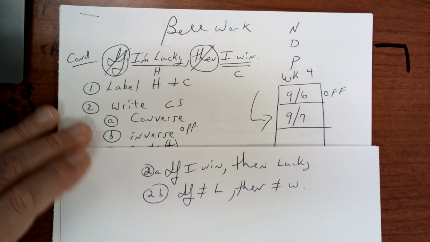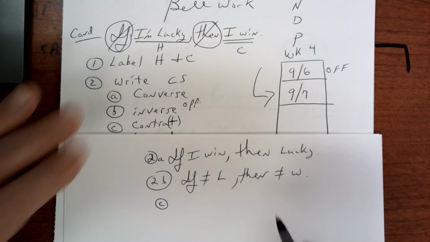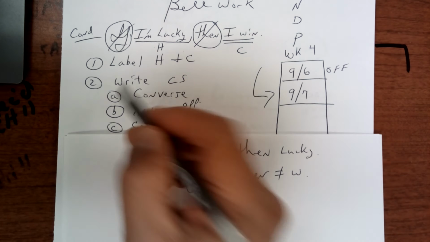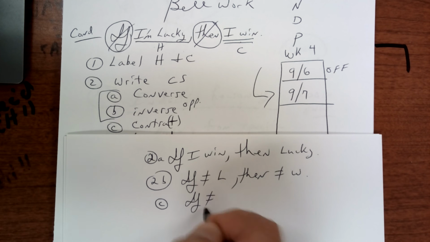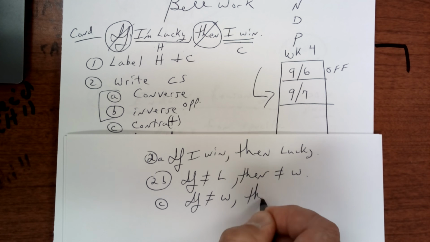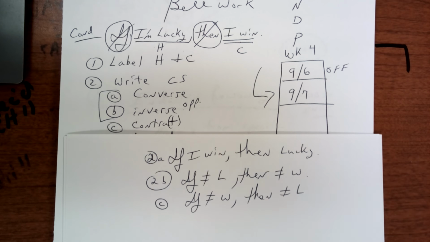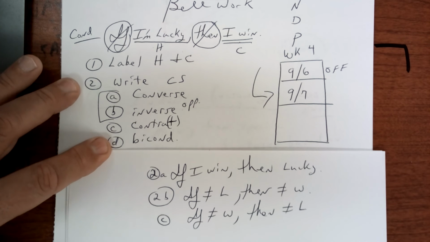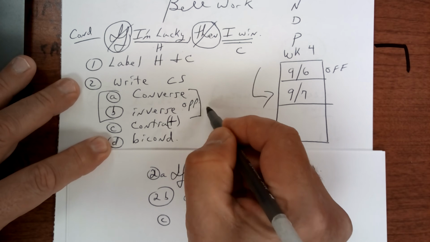Okay, C, the contrapositive. Contrapositive is both of those. So you're going to say, if I do not win, then I am not lucky. And then the biconditional is only if these are true. They both have to be true.